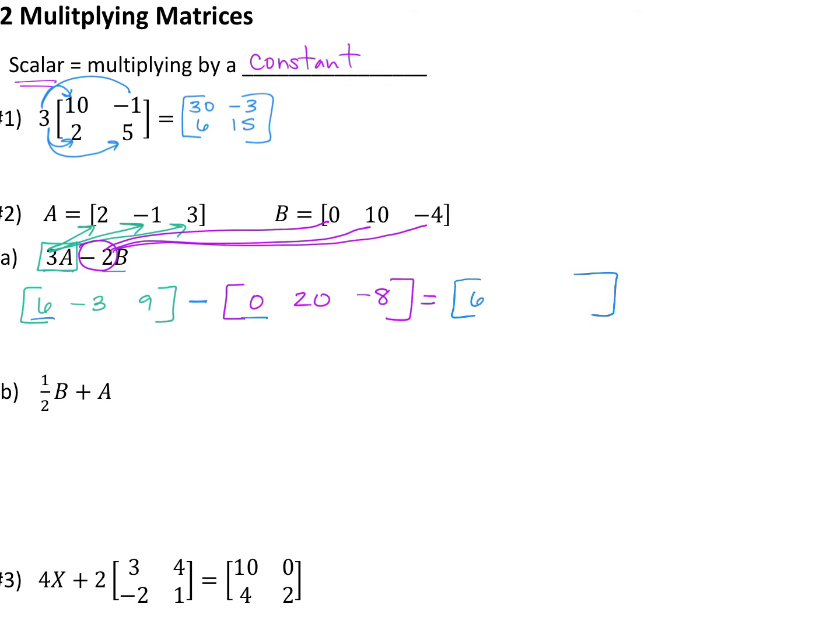Then what? -3 minus 20. So a -23. And then last one, 9 minus a -8. What's 9 minus a -8? +17, right? So minus a negative becomes plus a positive. You get that positive answer. So this is 3A minus 2B. Does that make sense?